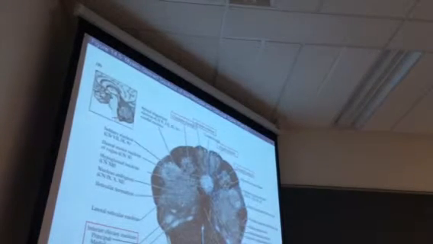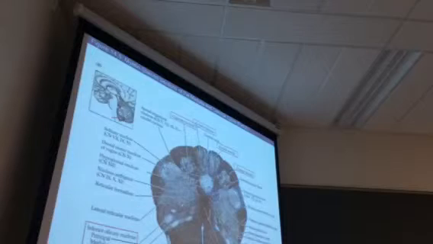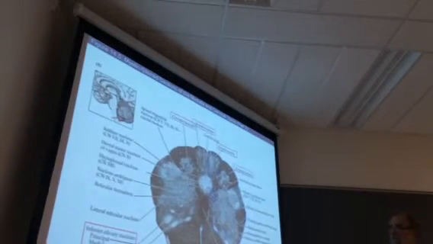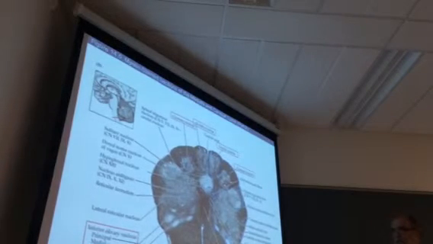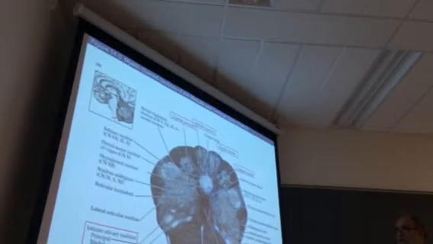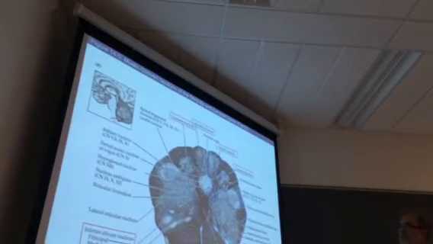So let's go down to just above the point of decussation. If we were a little bit lower, we would have decussation happening. So here we have the pyramids, corticospinal tract running through the pyramids, okay?